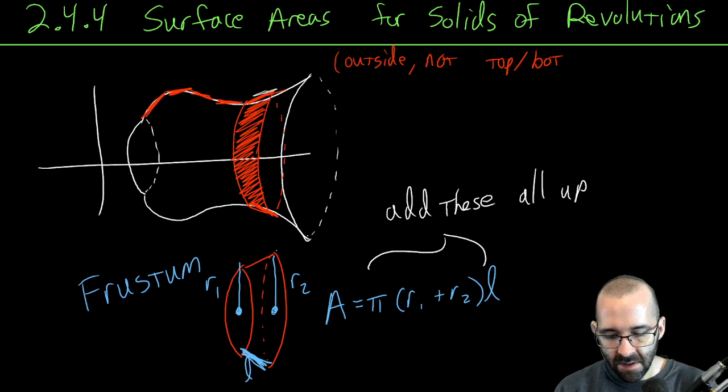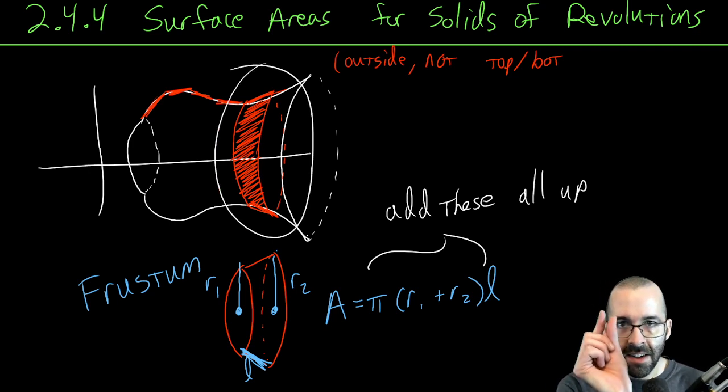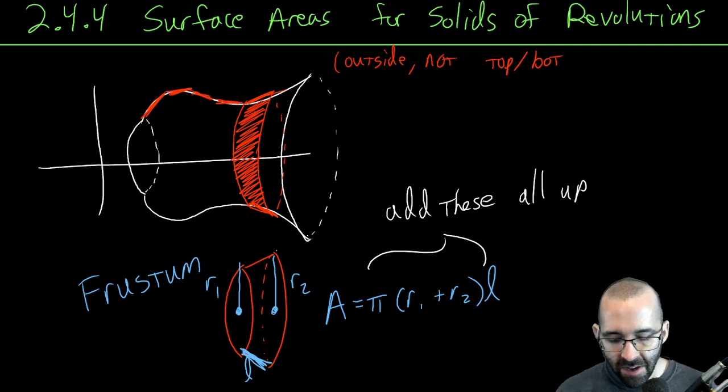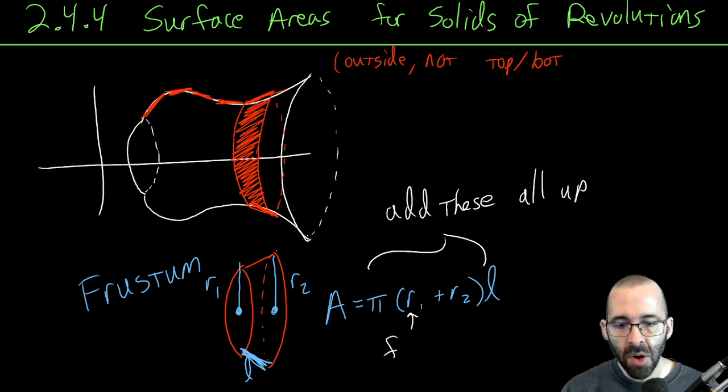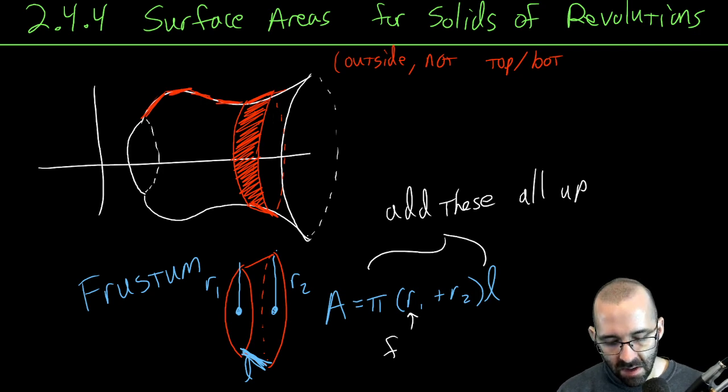As this horizontal distance gets smaller and smaller, as this chunk gets thinner and thinner, we can think of this R1 as the function value. In fact, both of these R's are the function value. R1 is the function value at the start. R2 is the function value at the second one.